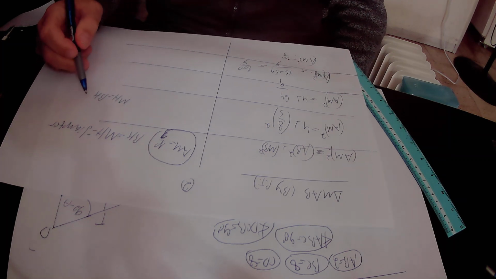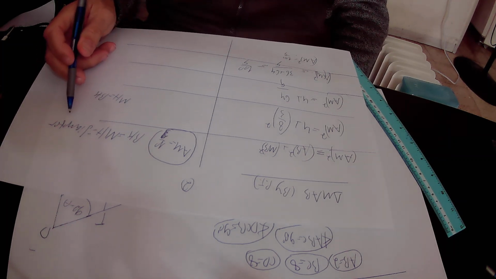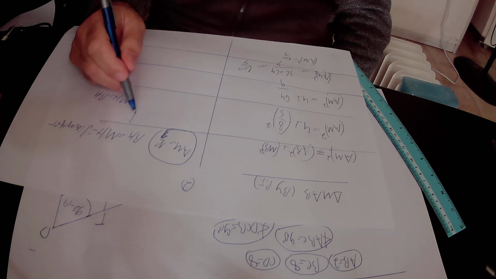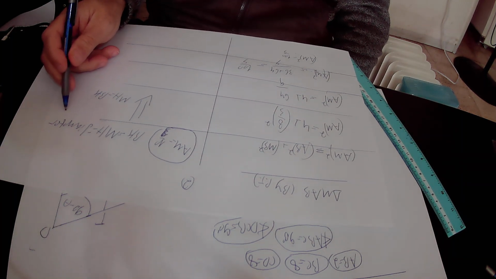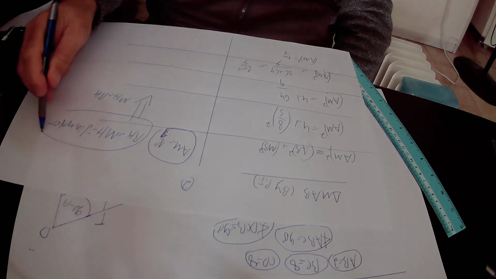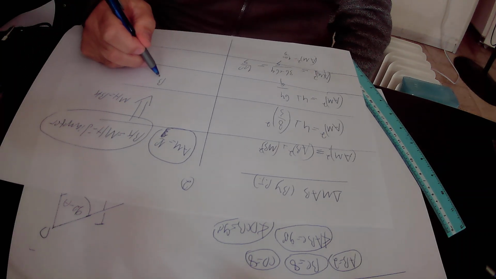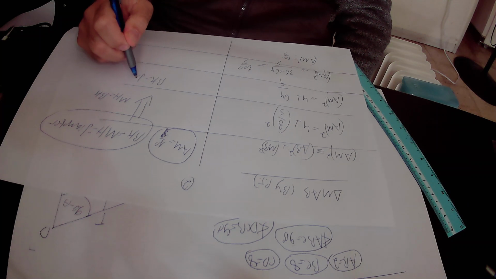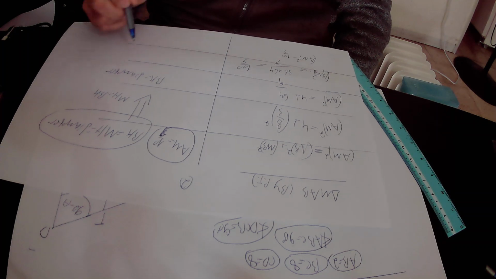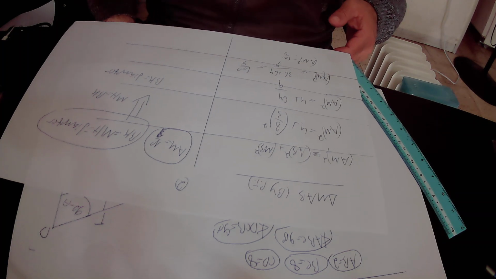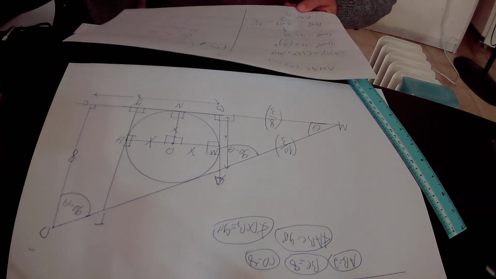And from this equation, BK equals MH equals the diameter, we will derive that BK is also the diameter of the circle. We know that the diameter of any circle is twice as long as the radius.